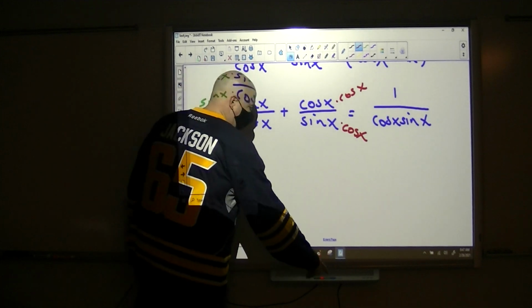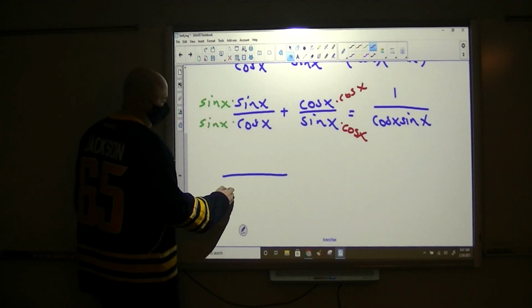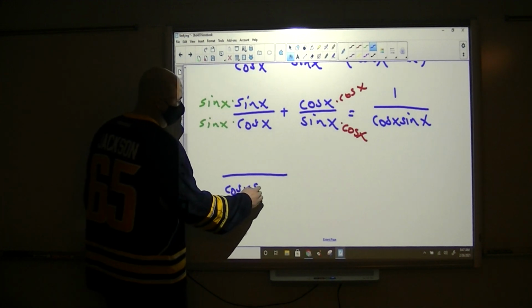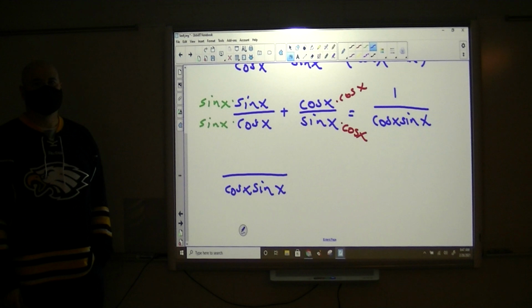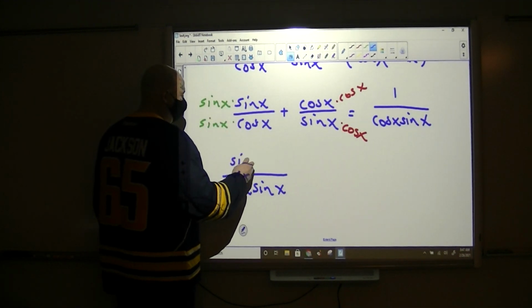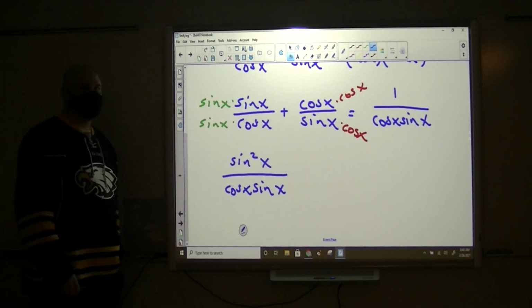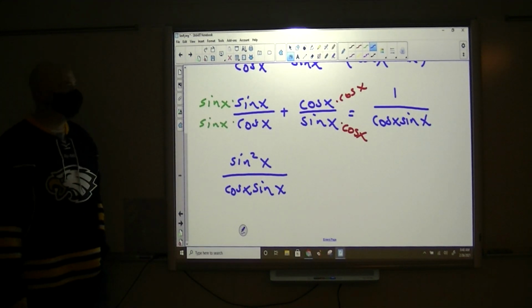Now when I do that, what do I get? On the bottom, I get cosine x sine x. On the top, sine x times sine x is sine squared x. Right?